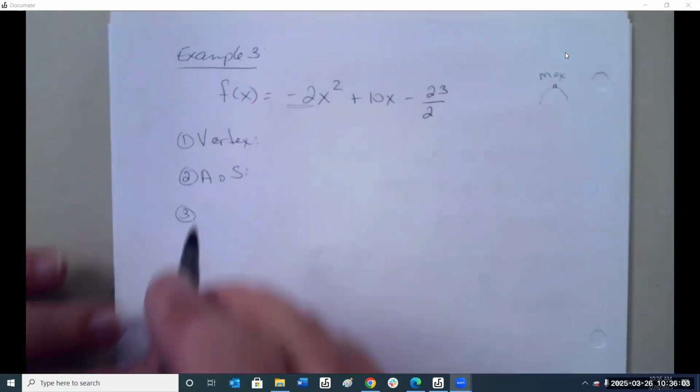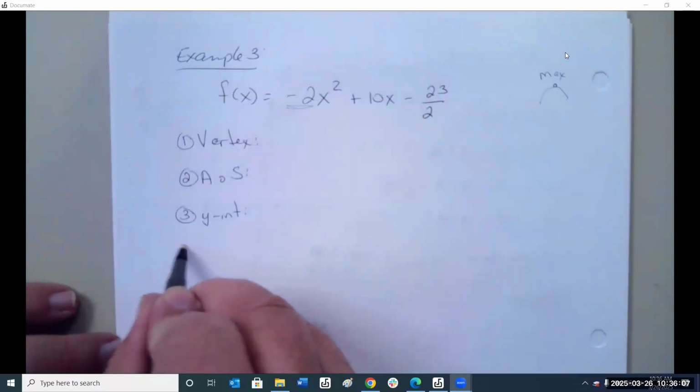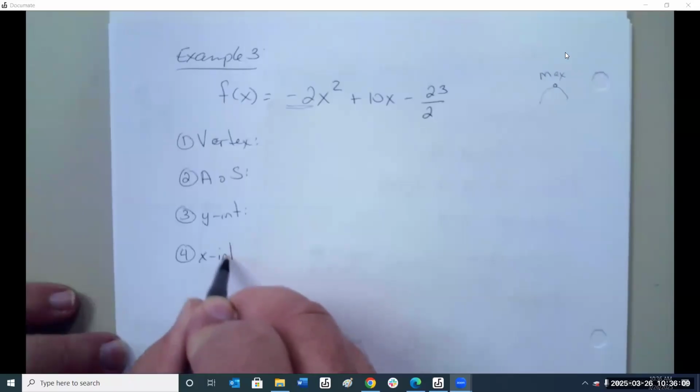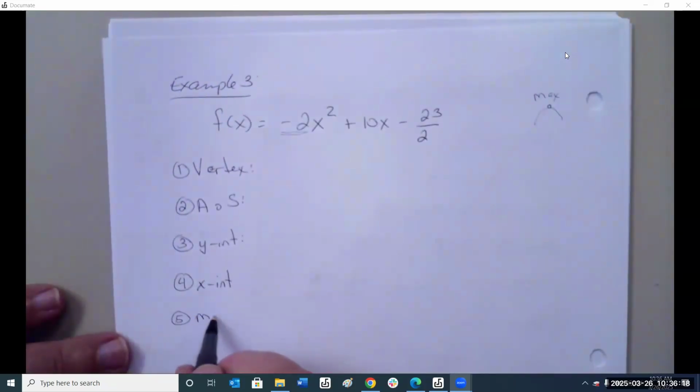We need the vertex, y-intercept, x-intercept, max/min, and the graph.